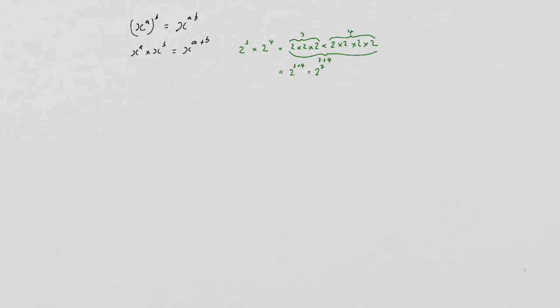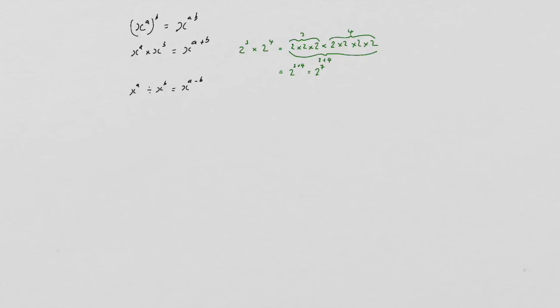So that's pretty straightforward. And we get a similar sort of thing happening with subtraction, or division leading to subtraction, I should say. So if we have x to the power of a divided by x to the power of b, that's x to the power of a minus b.